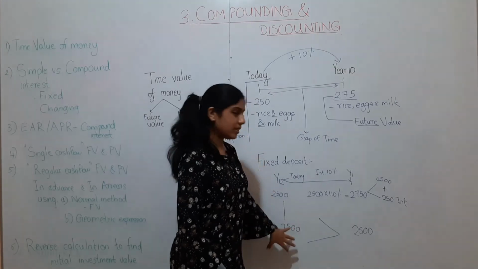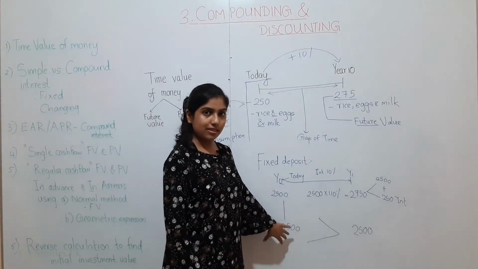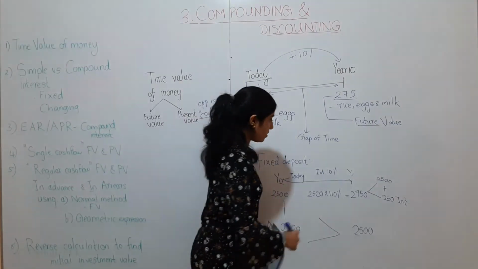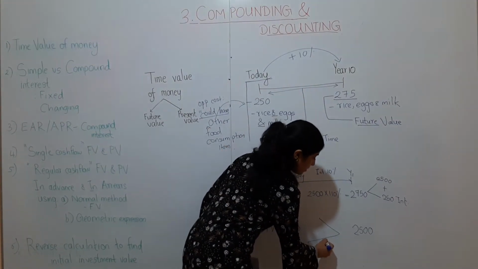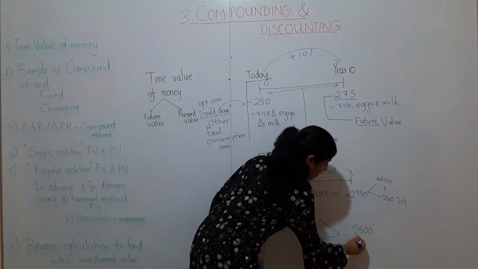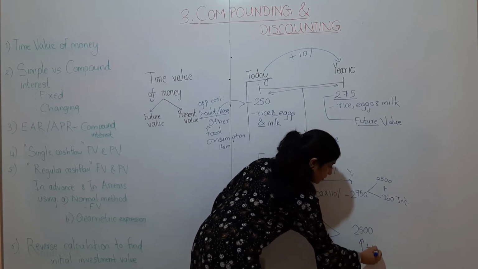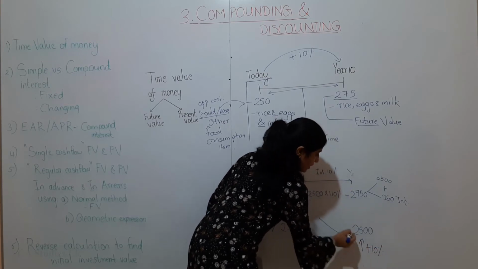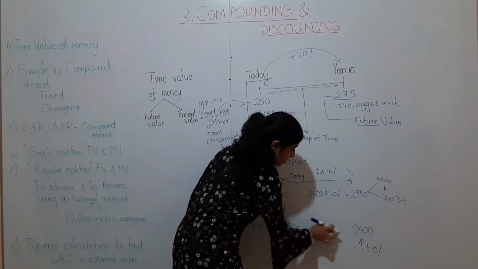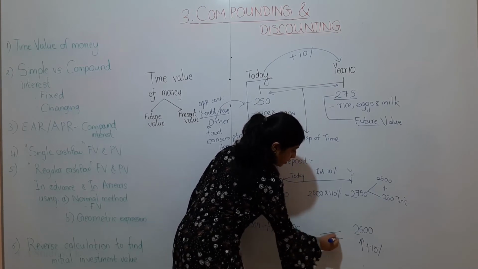Its value is greater. That's the reason banks pay you interest of 10%. Let's say here it is plus 10%. Then what will happen if it is plus 10%? This will change to equal.